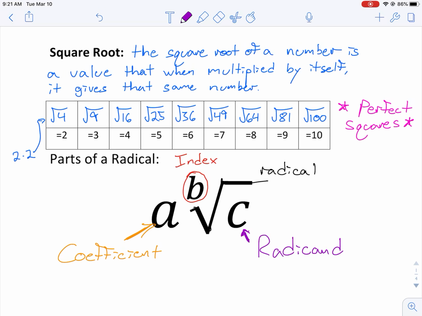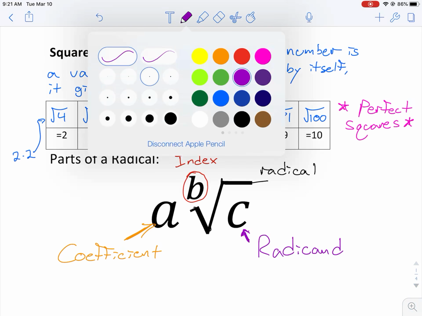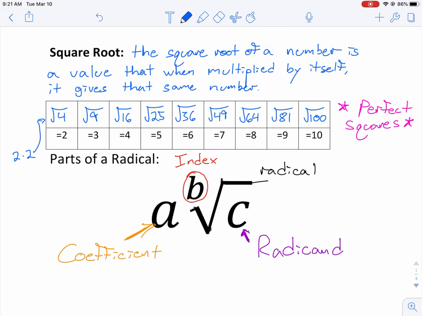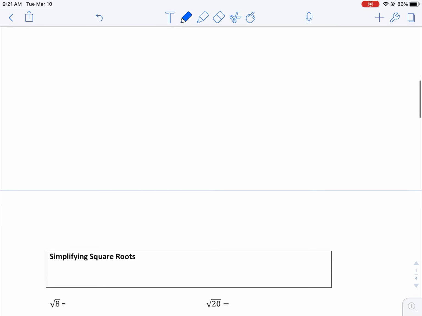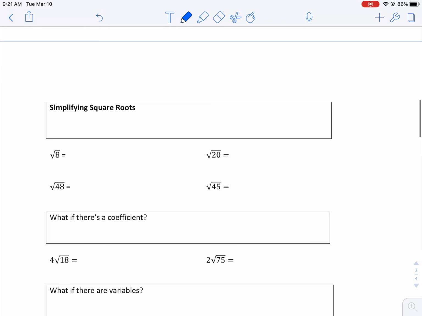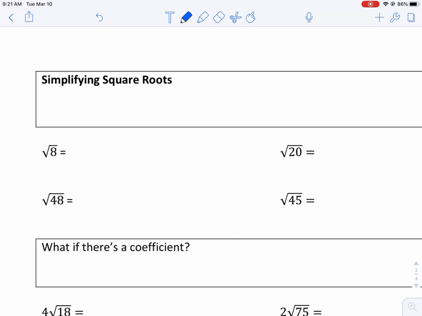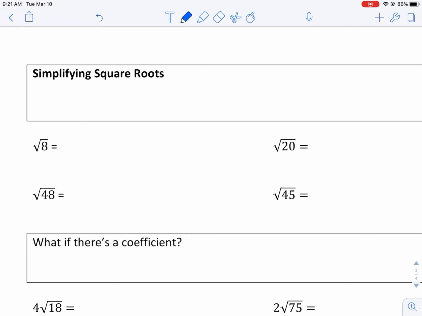So today I just wanted to practice with simplifying square roots and simplifying radicals themselves. We're going to look at a couple of these examples here, and I'll show you the overall process of doing so. What you want to do when you are simplifying square roots is break down your radicand into factors of perfect squares.